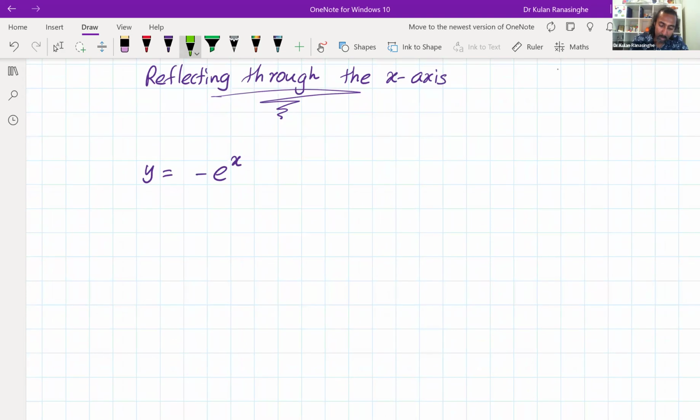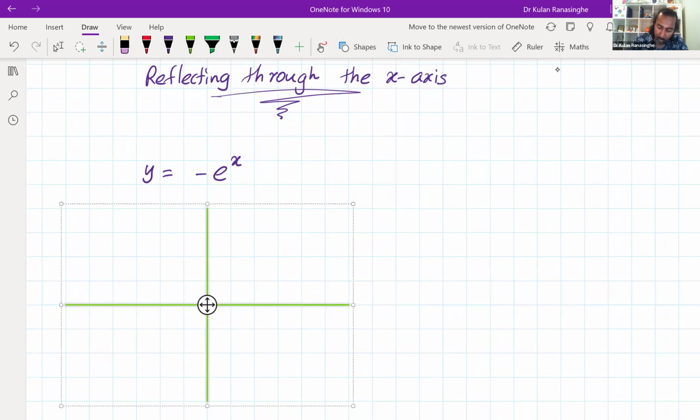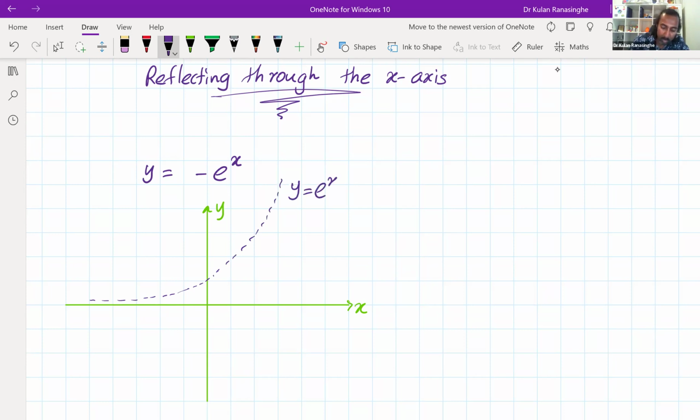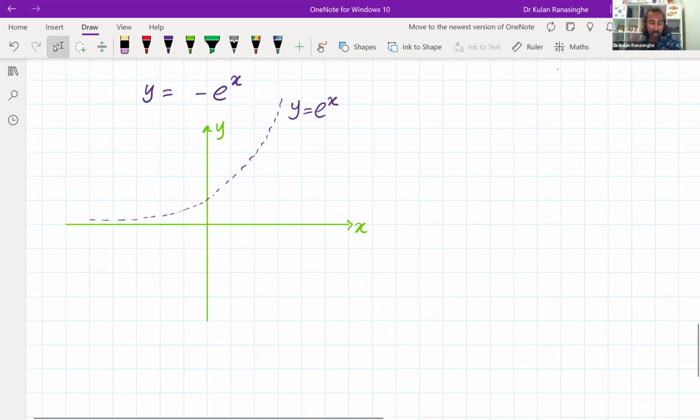We are going to get this set of axes, x and y. The normal graph is basically like that, y equals e to the x. Now it is negative.